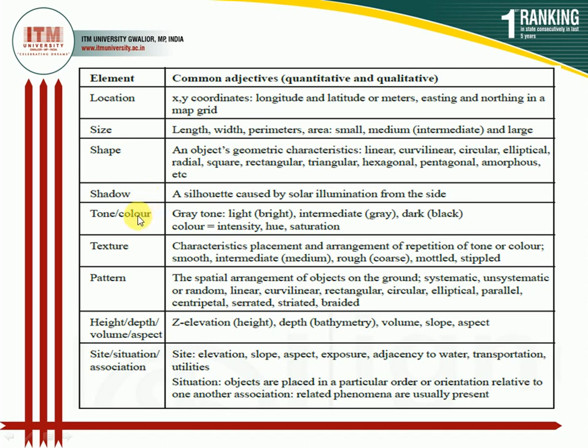The tone is basically hue, value, and chroma. Texture is the frequency of change in color or change in tone of a particular color. Pattern is the spatial arrangement of objects on the ground. The site is the topographic location of a particular area.